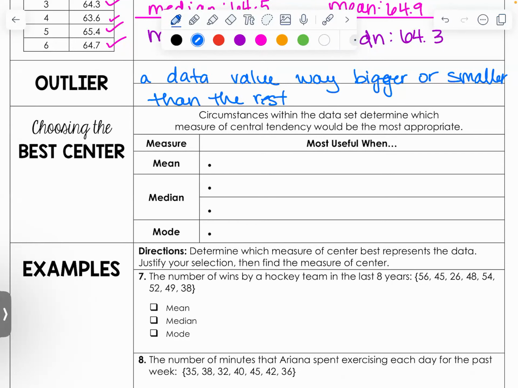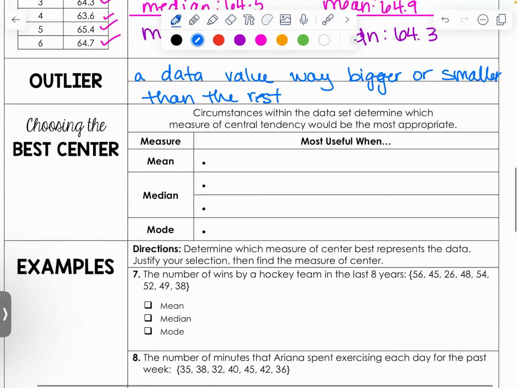Okay. So if there are no outliers, then the mean is the best measure of central tendency. If I'm asking you what's the center of the data, if there are no outliers, the mean is the best. But if we have an outlier, that mean is going to be affected big time.